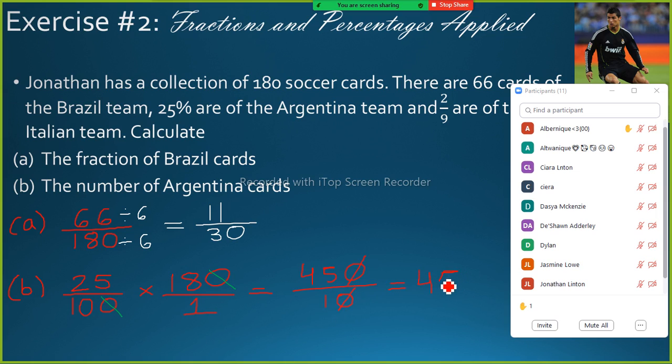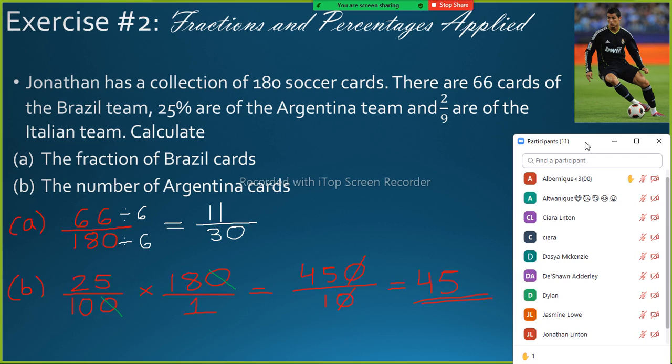All right, so the answer is 45. So the number of Argentina cards is 45, and the fraction of Brazil cards is 11 over 30.